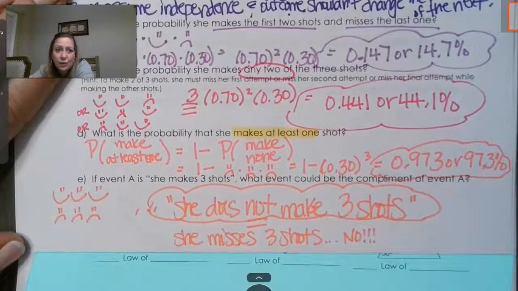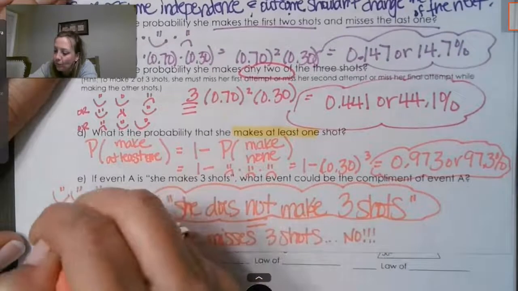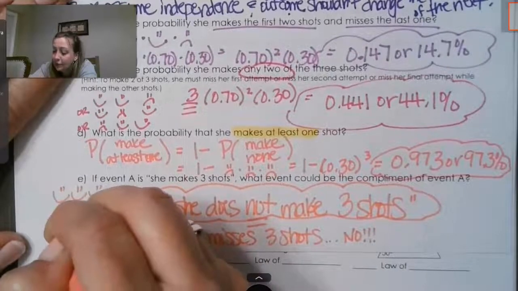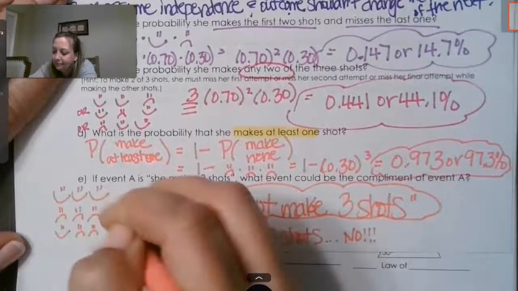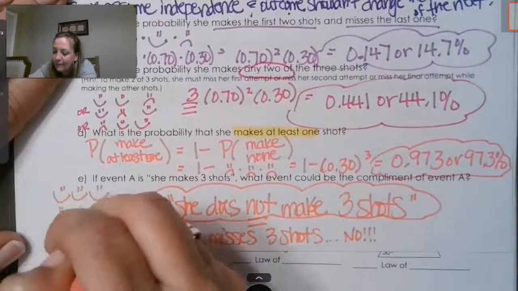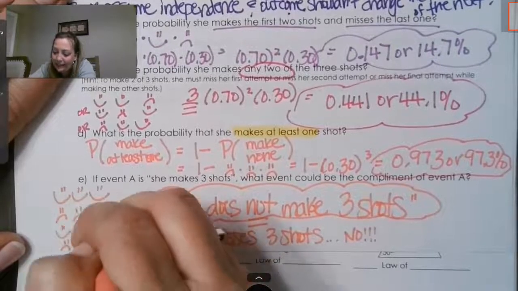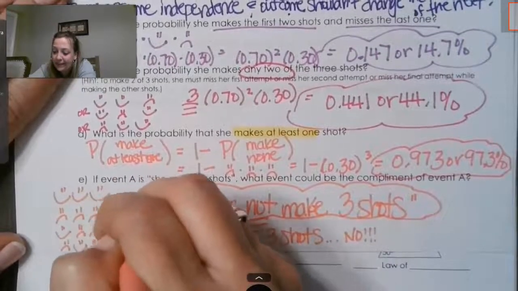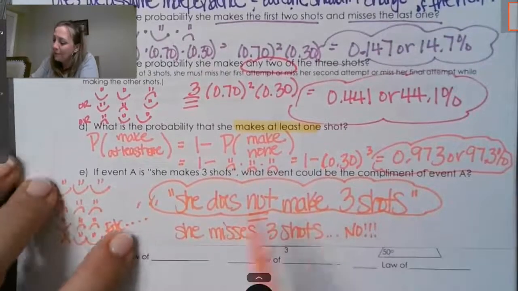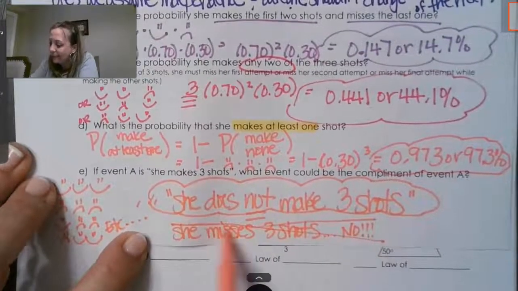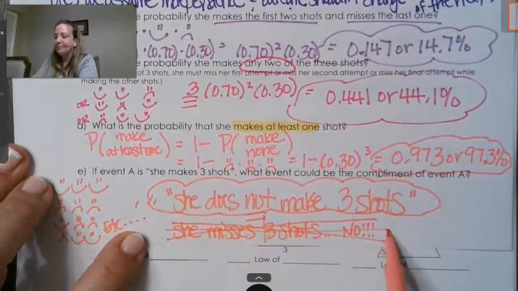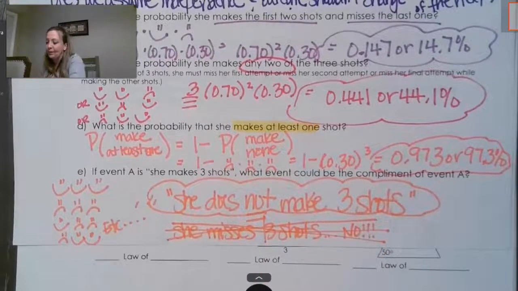Are those the only 2 possibilities that exist? No. We could make, miss, miss. We could miss, make, make. I mean, there are lots of different things that can happen. So she misses 3 shots is not a complement. So just keep that in mind going forward.